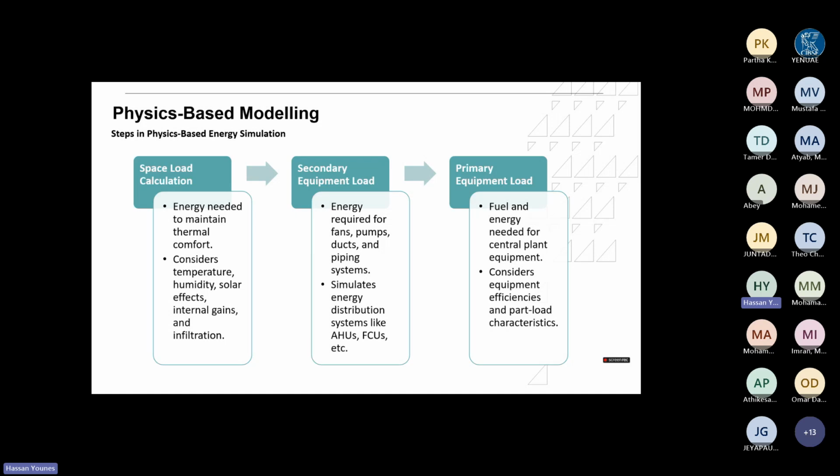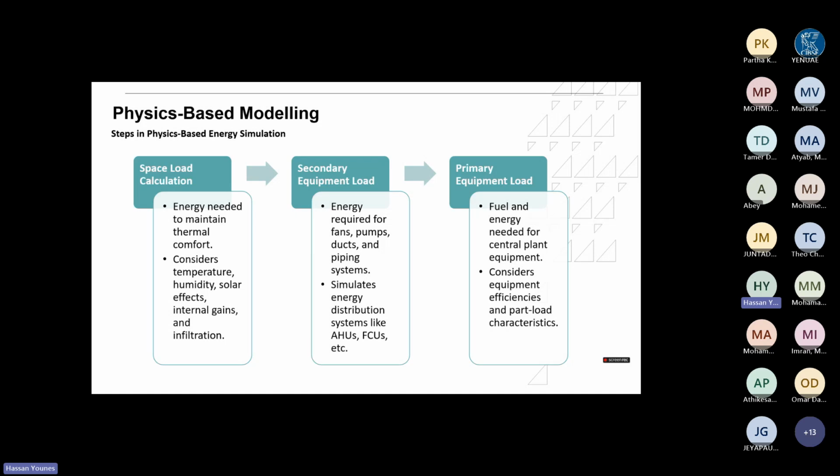So what is the energy required for the fans, pumps, piping systems? If chilled water is moving through the piping system, that's going to have some friction losses, and this will tell us how much the pump will be using, and that's done on an hourly basis. We end up with an hourly simulation. We know on every hour how much that pump is using, and in total, what the building is using.